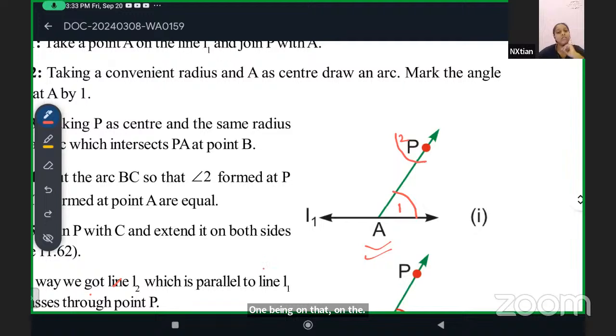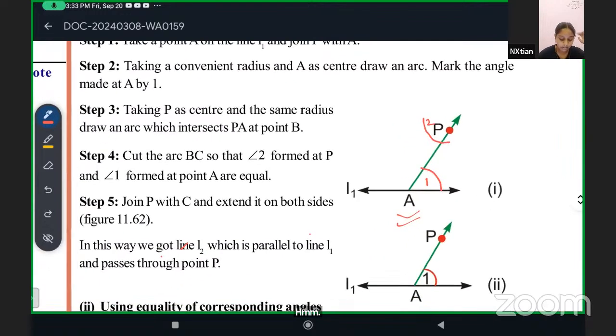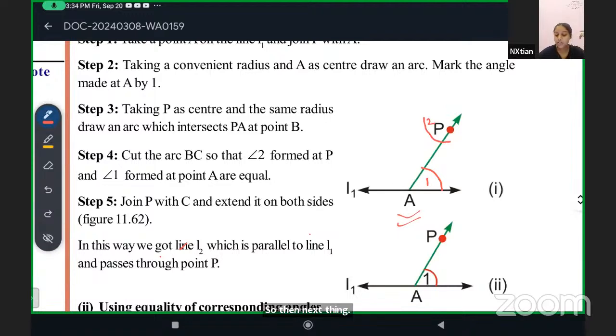It had to be on the left side, ma'am. Yes, it should be on the left side. Okay, ma'am. So I named it 1 and 2. Now angle 1 and 2 will be equal.